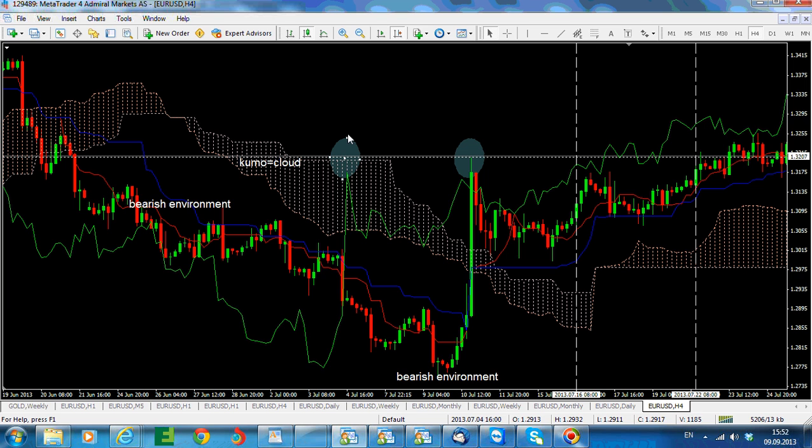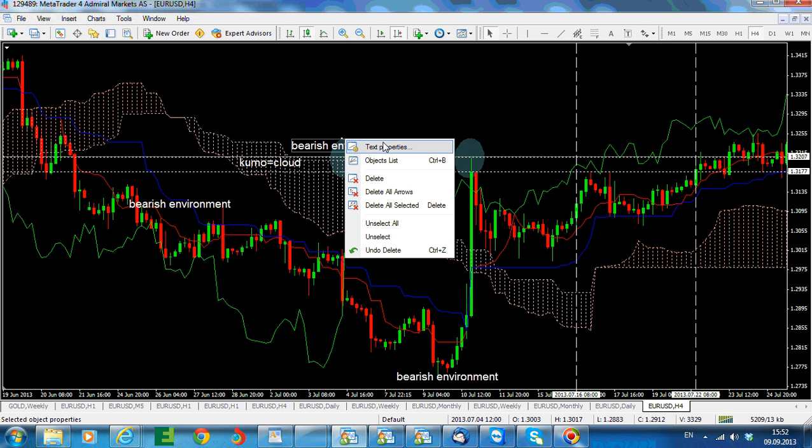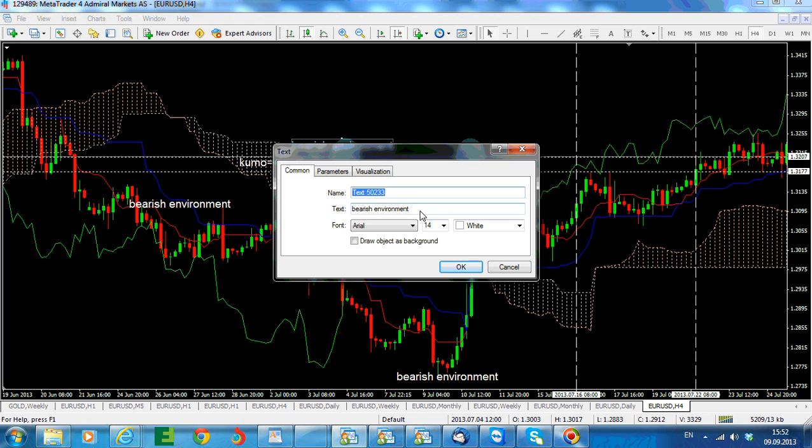Now the Kinko, like mentioned on the previous recording, does not show the shadow of the candle. See, this is the actual level of the Kinko, but price went to the upside with a spike and tested the Kumo top, and this is where our strategy comes in, the selling the Kumo top strategy.